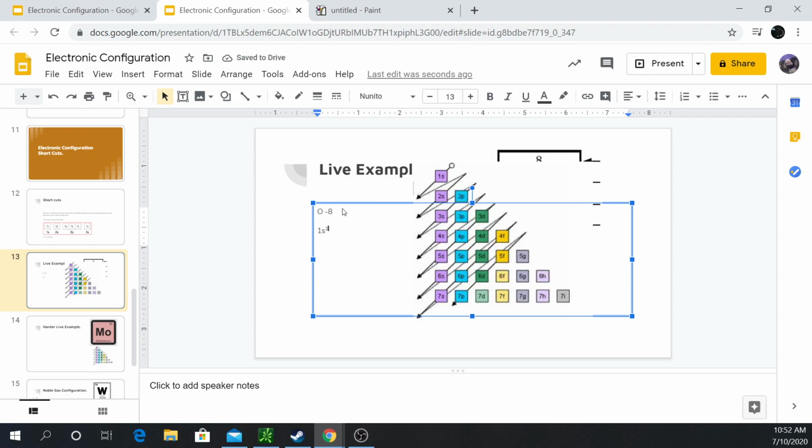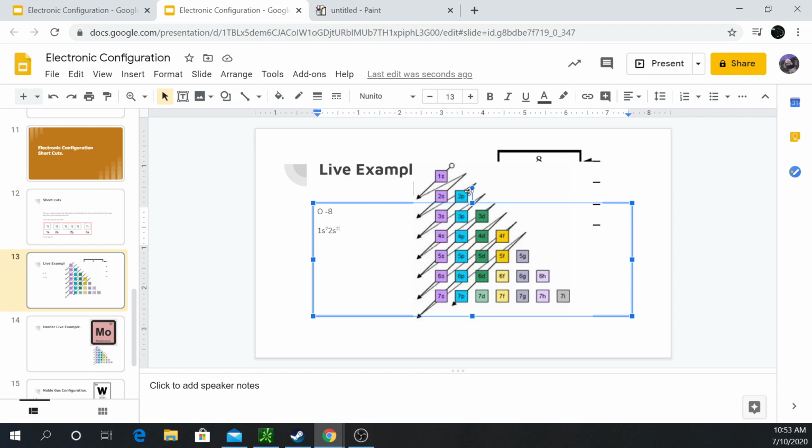So we put 1s2 there. Now we've used 2 electrons, which means that we have 6 more to go. The next one that we have is 2s, and 2s is going to have 2 electrons too, because the s orbital only has 1 cloud, and there's 2 electrons that fit in each cloud. So now we've used a total of 4 electrons.